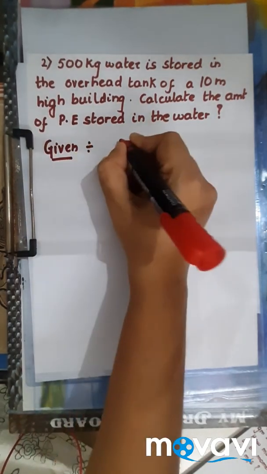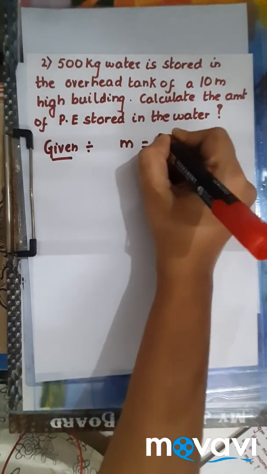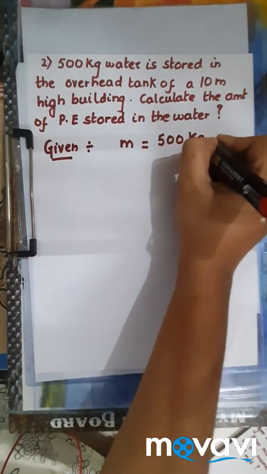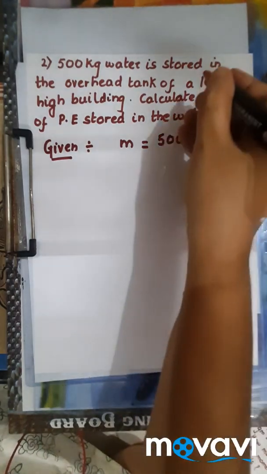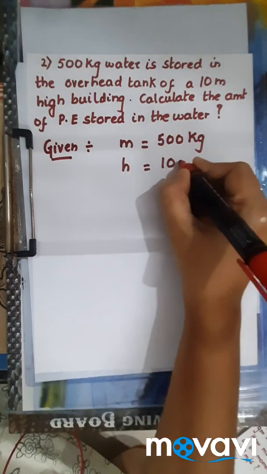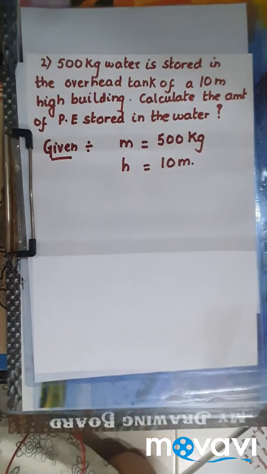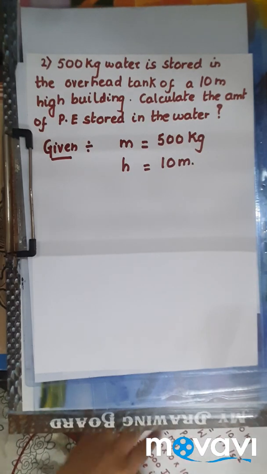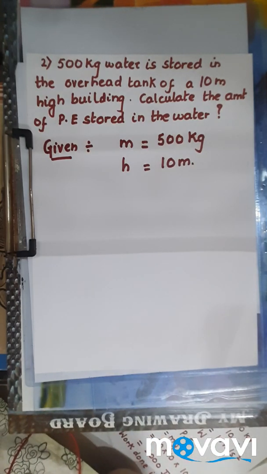It is given to me that the mass of the water is 500 kg, at a height of 10 meter, right? Calculate the amount of potential energy that is stored in the body.